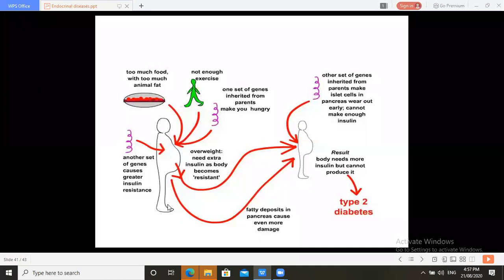Okay. Now what are the complications of type 1 diabetes mellitus? Again, it is related with polyphagia, then ketoacidosis and hyperglycemia, leading into diabetic coma.